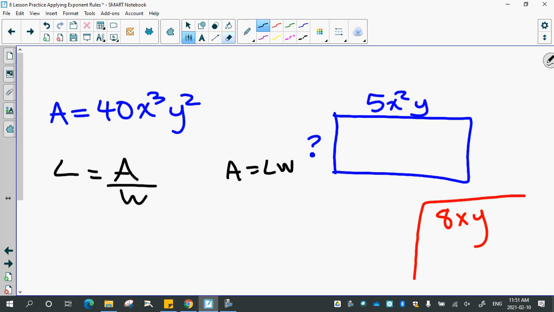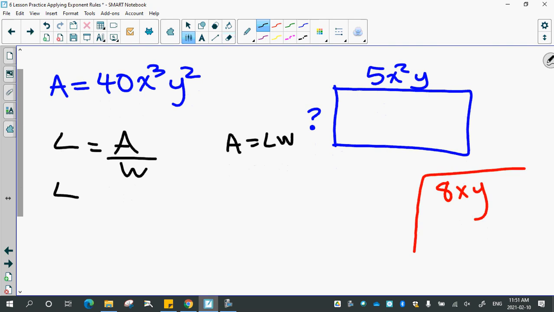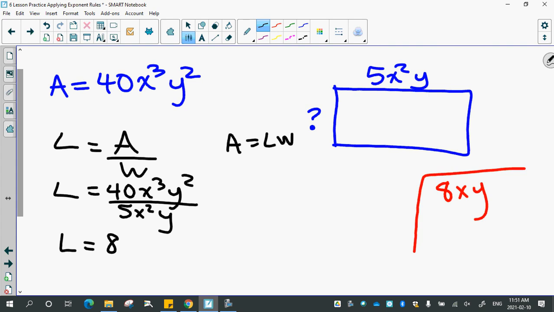A lot of people knew that, and they went length is 40x cubed y squared divided by 5x squared y, and then they just did it like a dividing question. So 40 divided by 5 is 8, x cubed divided by x squared is x, and then y squared divided by y is y.